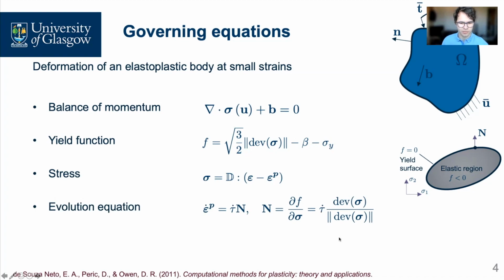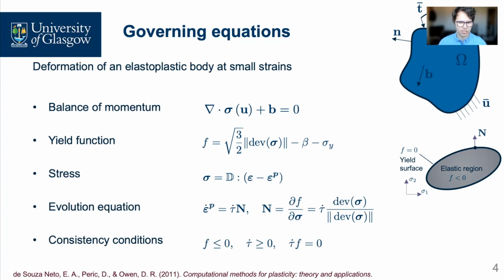Following the principle of maximal dissipation, a flow rule can be derived, which basically tells us about the evolution of the plastic strain. So here you can see the tau is the plastic multiplier, also often called consistency parameter, and n is the flow vector defined as follows.